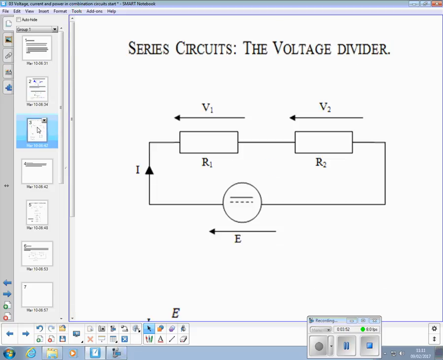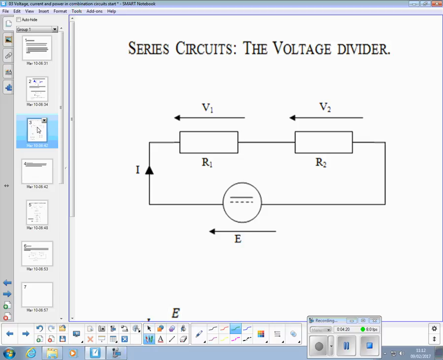If we look at the series circuit first, remember last week we talked about resistors being connected end on end, or resistors in series. Here we've got a series circuit of two resistors. In a series circuit, we only have one current flowing through all the components.